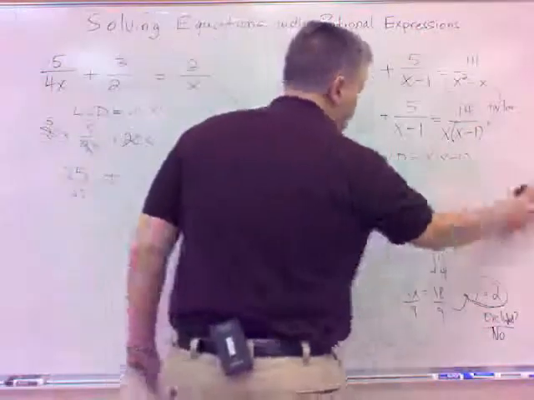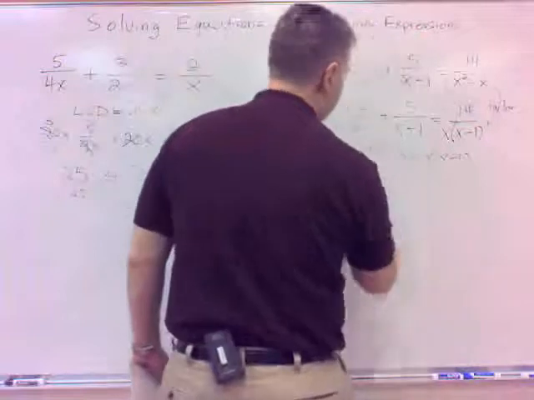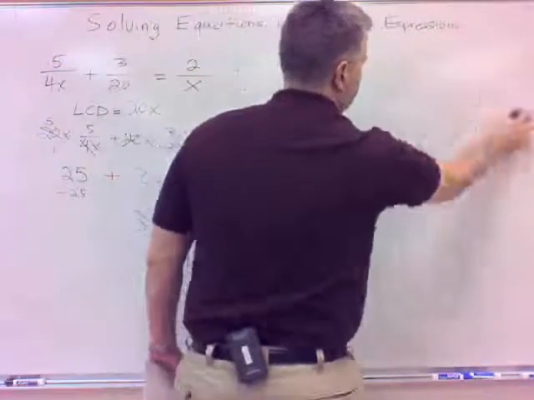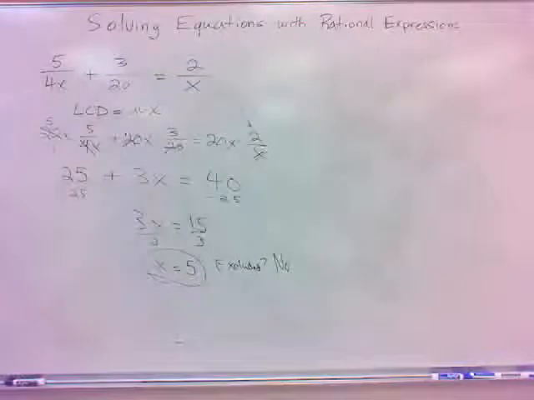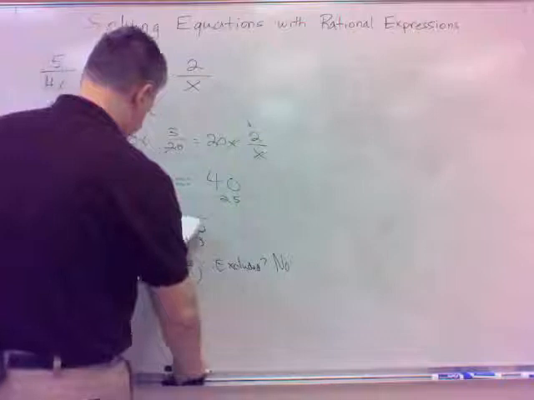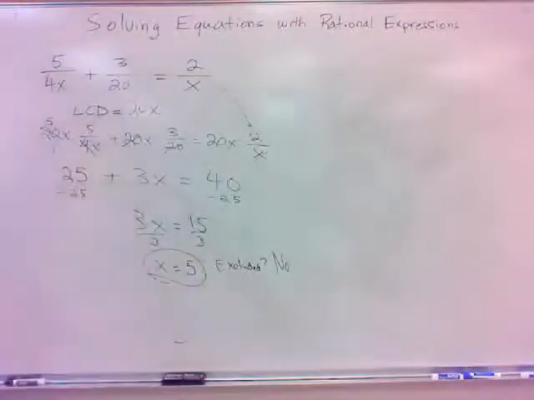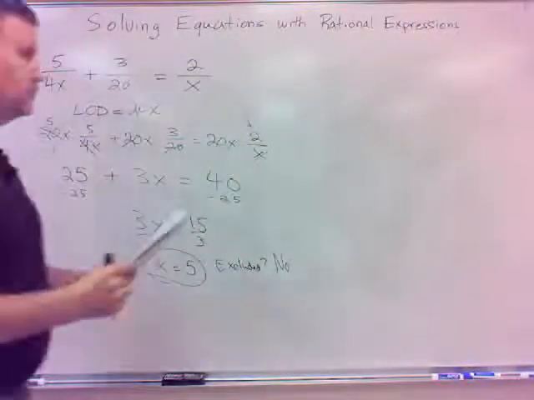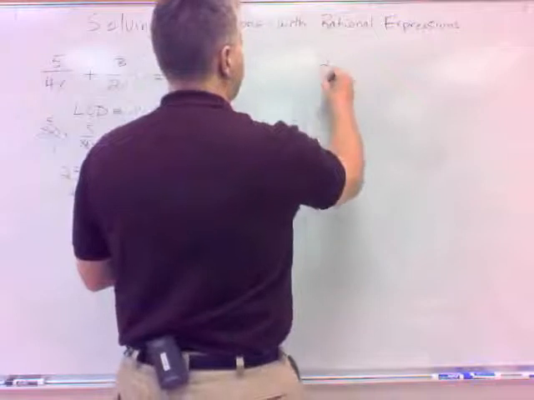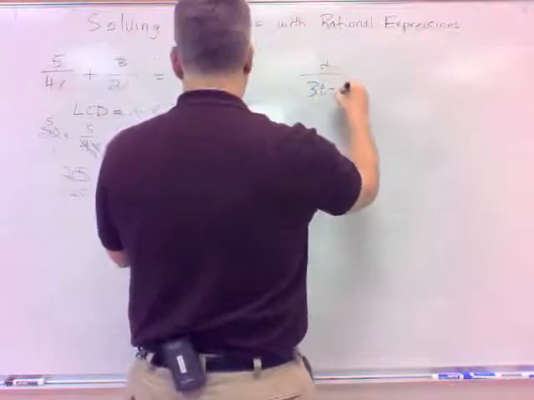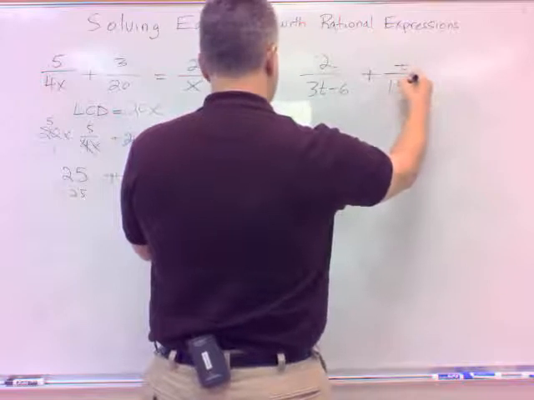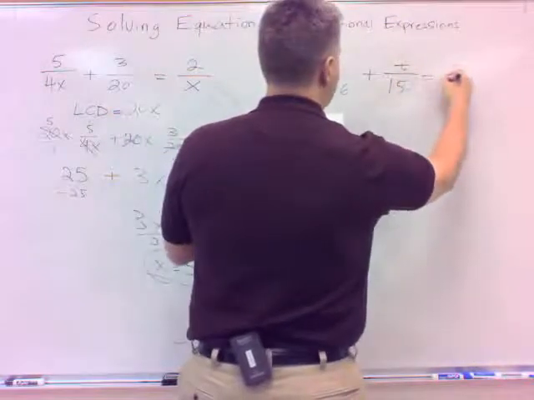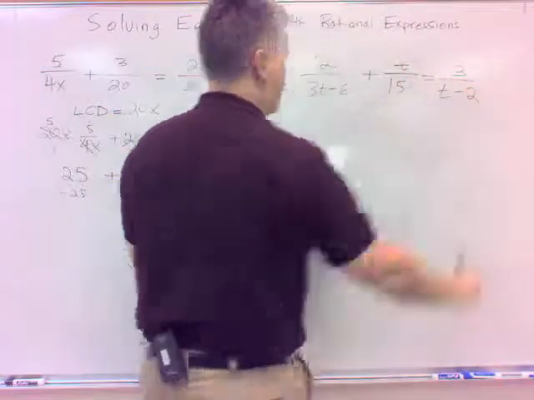All right, well, let me give you another couple here. 2 over 3t minus 6 plus t over 15 equals 3 over t minus 2.